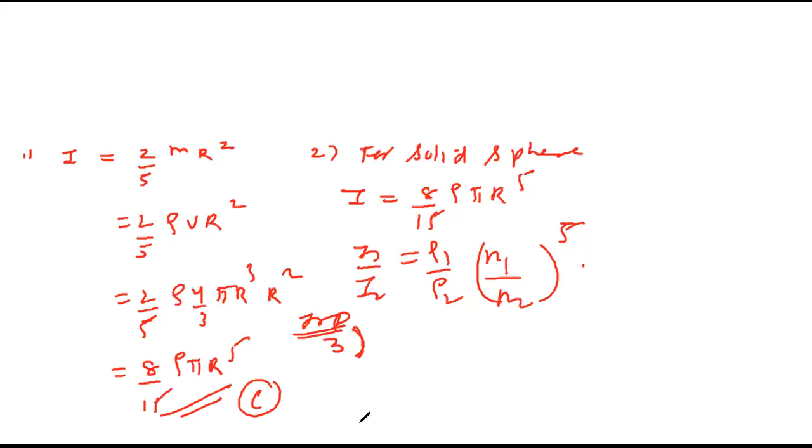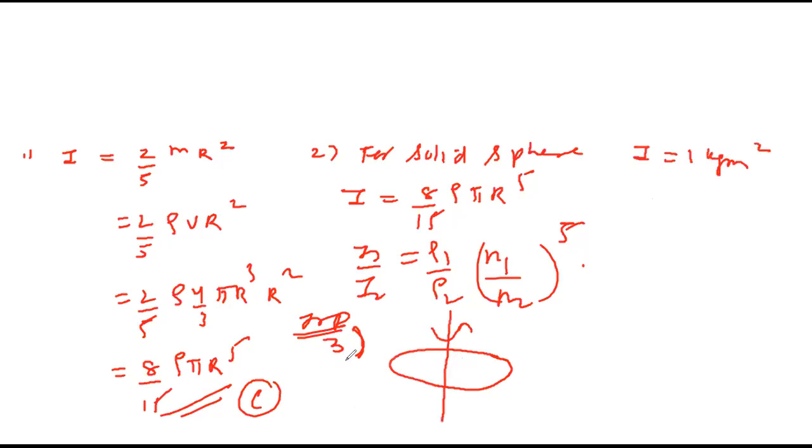Third one. A disk rotates horizontally at the rate of 100 revolutions per minute. Moment of inertia of the disk about this axis is 1 kg meter square.